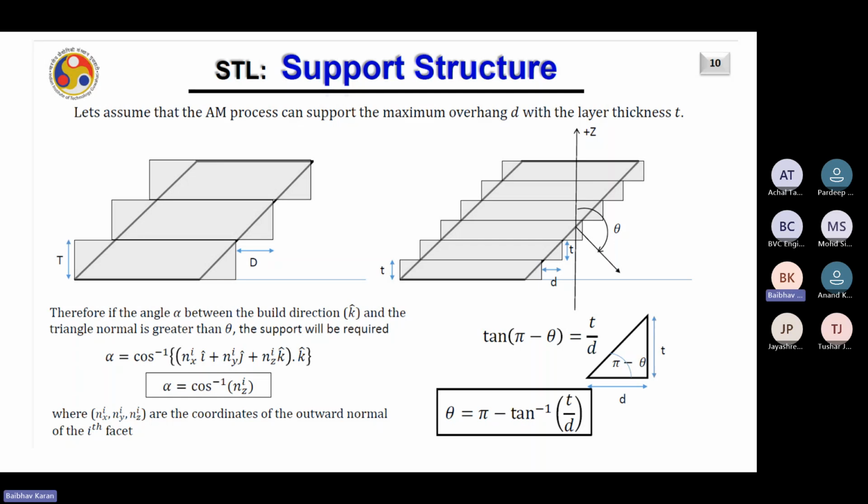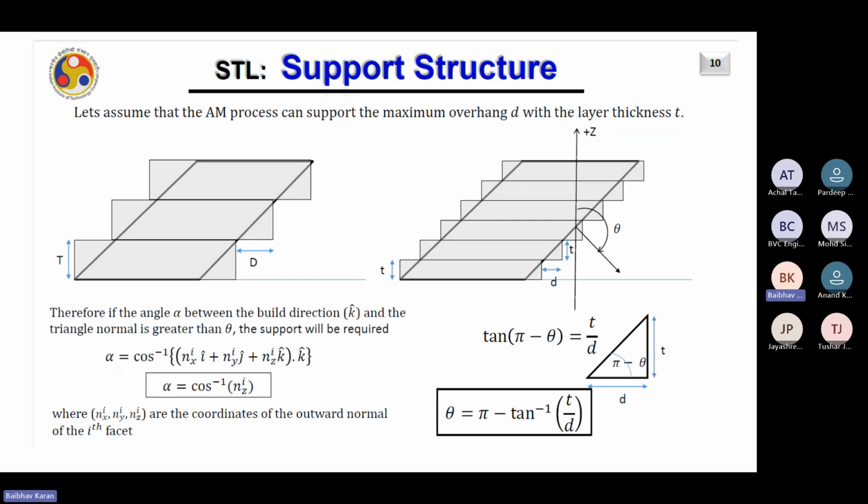Here the overhang structure is given by D and the layer thickness is given by T. So the formula used to calculate the critical value of angle above which we need support structure is given by pi minus tan inverse of T upon D. This is the critical value.